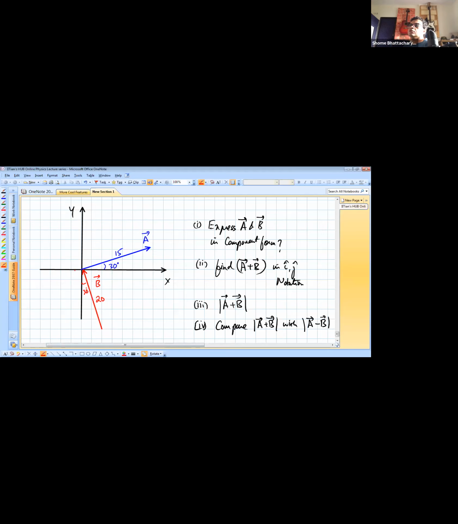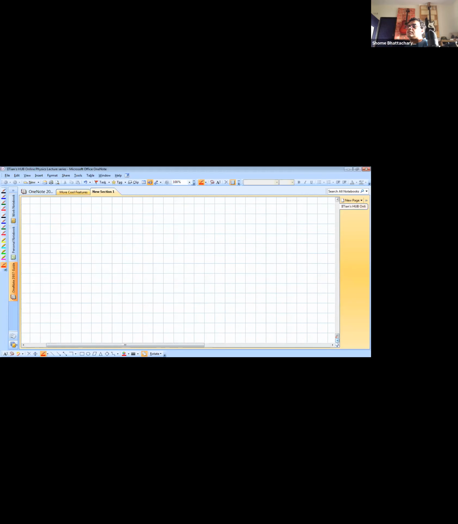It's here. So you have to understand its direction is like this actually. The vector B is pointed in this sort of direction, so it's actually in the second quadrant. So to write the components properly, you are better advised to redraw them both from the origin so that you understand the angles very carefully.